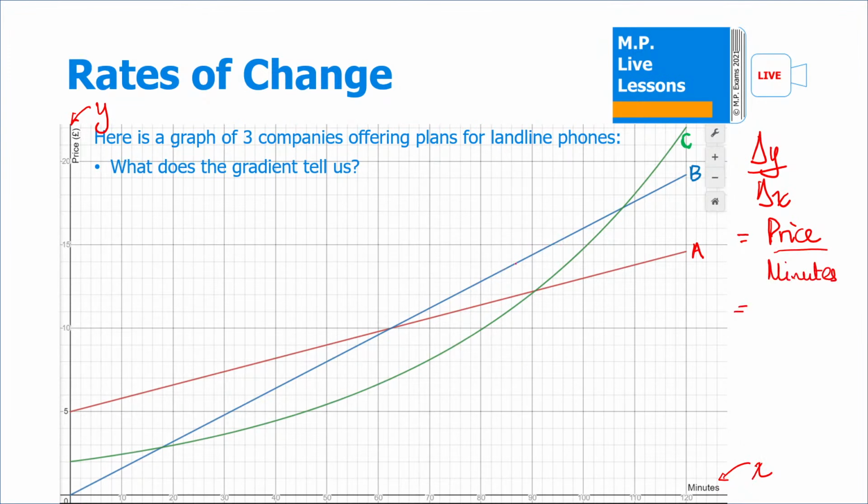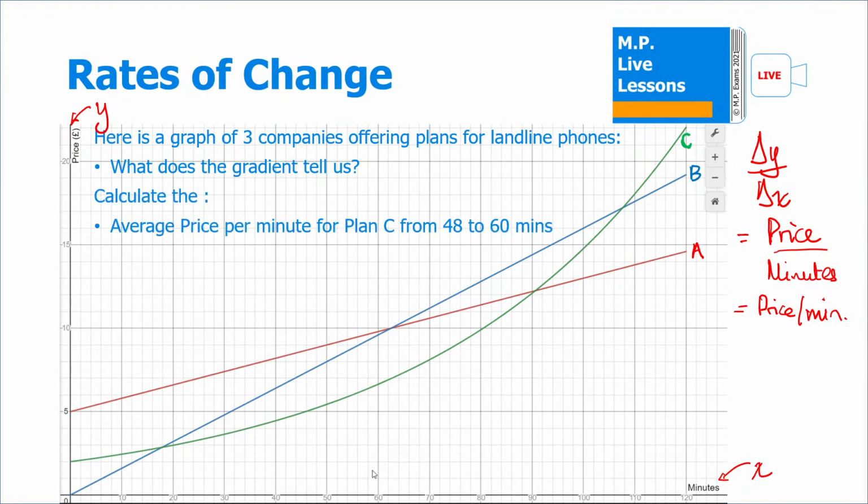So this tells us the price of each minute. For example, I want you to calculate the average price per minute from plan C, which is the green line, from 48 to 60 minutes, and what's called the instantaneous rate of change for plan C at 90 minutes.